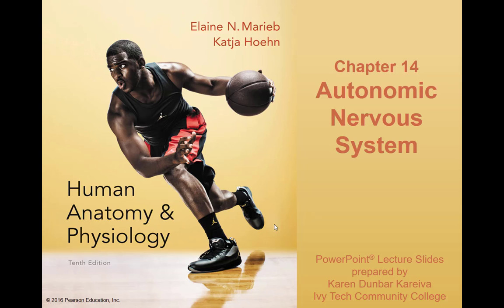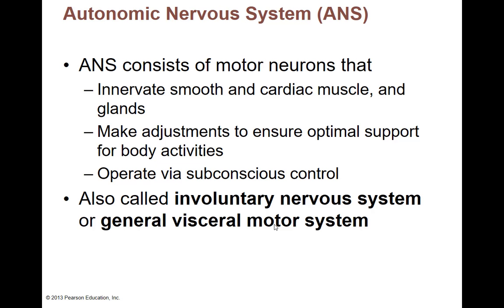Now, chapter 14, our autonomic nervous system. Based on its name, what can you tell me about the autonomic nervous system? It happens automatically. Do you have any control of it? Nope. So this is things that are beyond your control. The autonomic nervous system consists of motor neurons that control smooth muscle, cardiac muscle, and glands. These are things you have no control over.